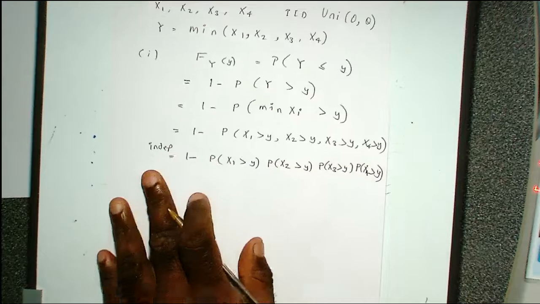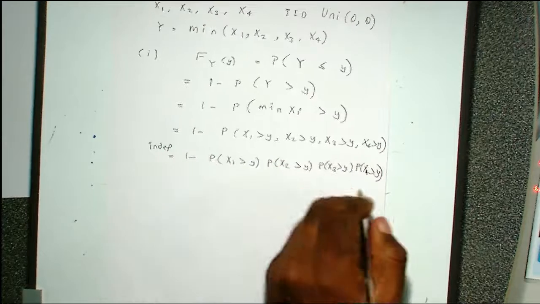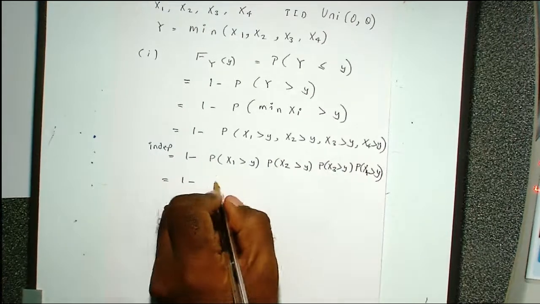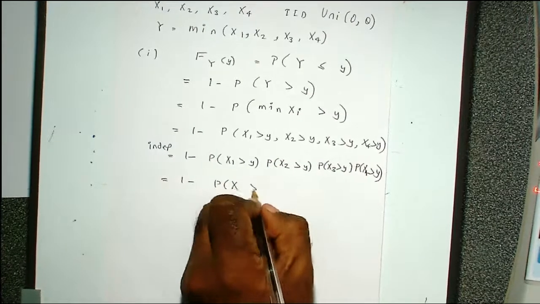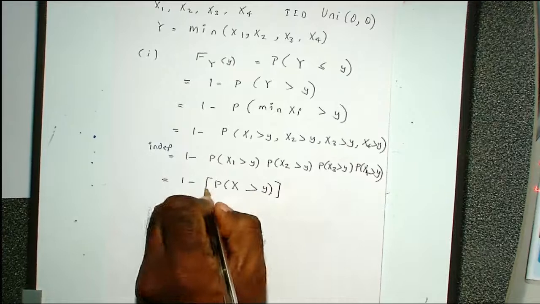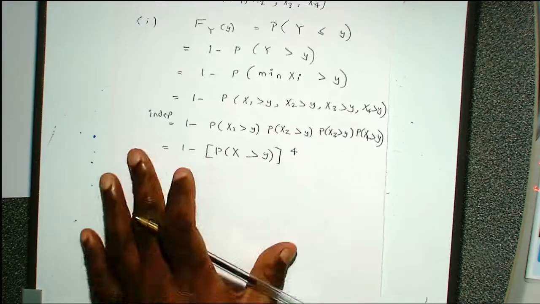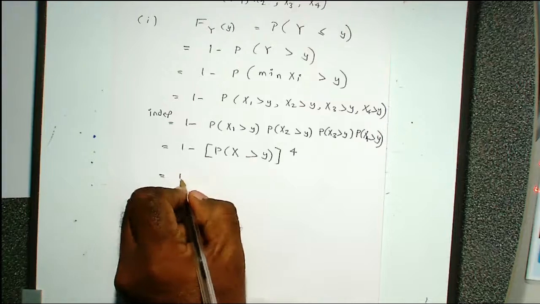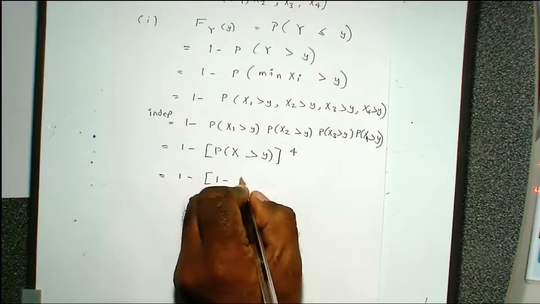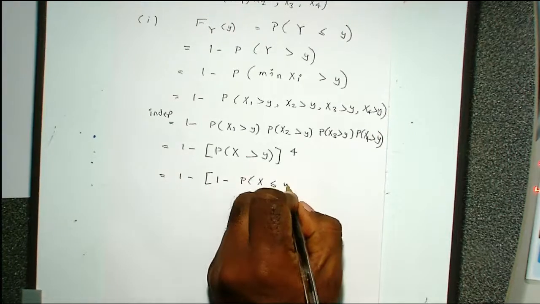Each probability is the same, so this is basically 1 minus the probability X greater than y, to the power 4. Because X1 to X4 are IID. Now this you can write as 1 minus the probability that X is less than or equal to y, to the power 4.